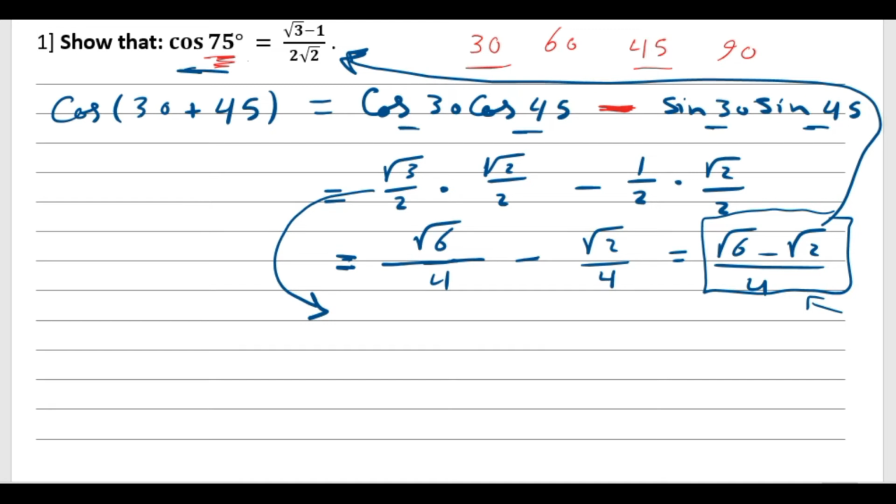Here we can see that the part root 2 over 2 is repeated, and down here it will be 2 root 2 and up root 3 minus 1. This part is multiplied in both terms, so we can take it as the highest common factor.